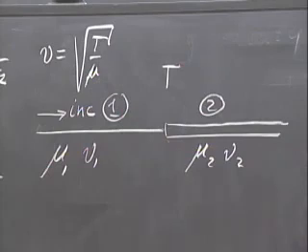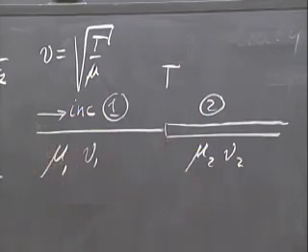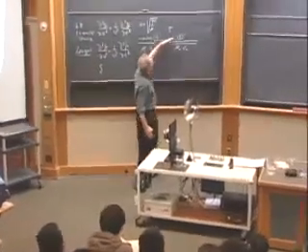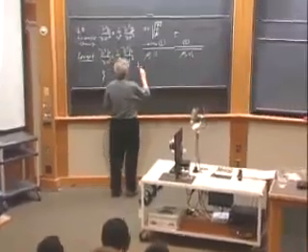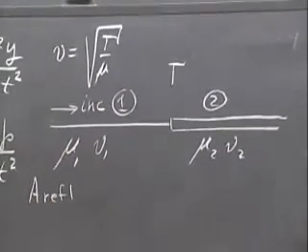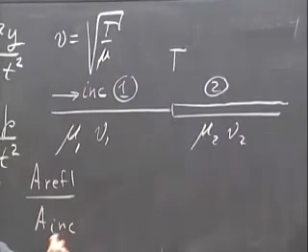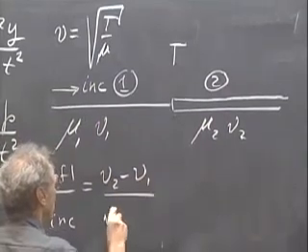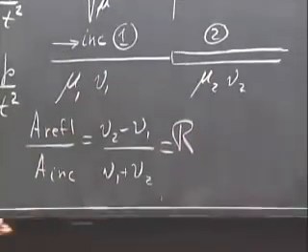And then we found, by using the boundary conditions at the junction, namely that the string is not breaking, and that dy/dx on the left side is the same as dy/dx on the right side, that the amplitude of the reflected wave, and the same would hold for a pulse, divided by the amplitude of the incident wave, was (V2 minus V1) divided by (V1 plus V2), and I called that R, reflectivity.